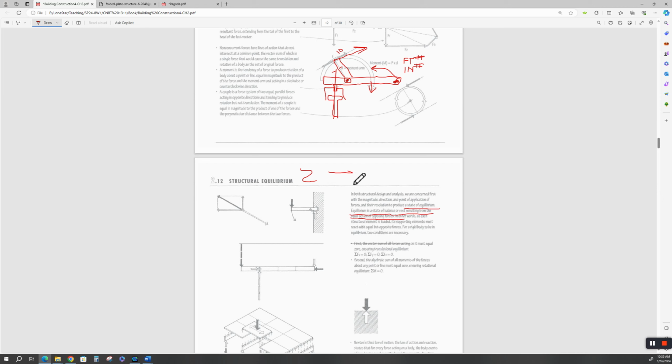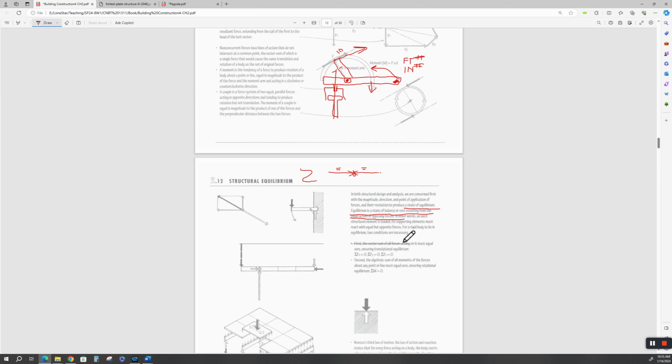So if we have a force vector going in that direction and we have one going in this direction, and both forces are equal, then nothing's moving, right? Doesn't move. And if one force gets greater than the other, then something's going to move.